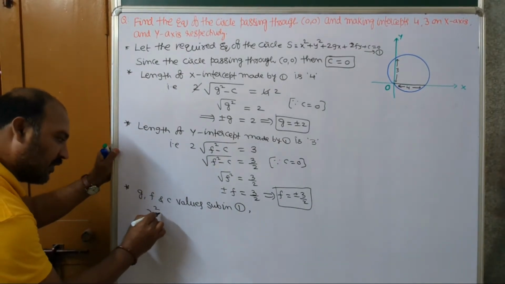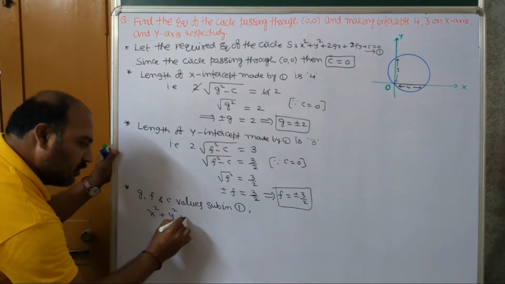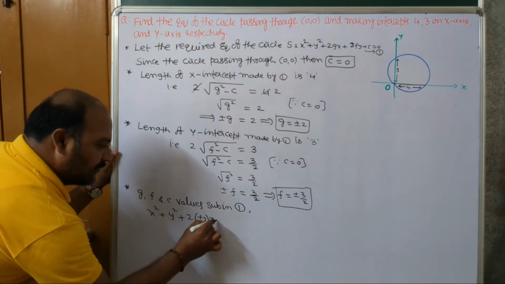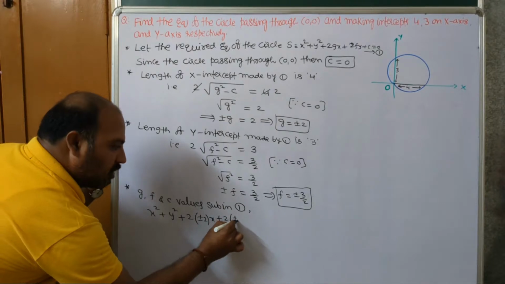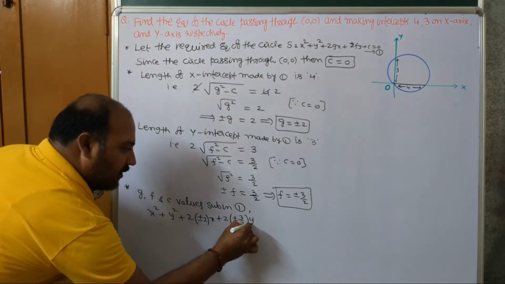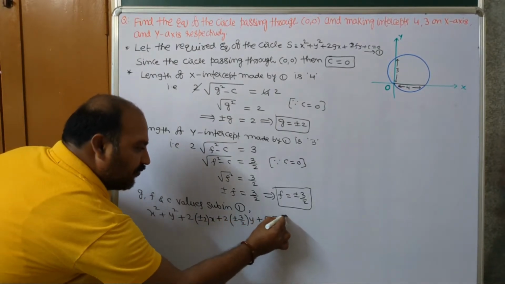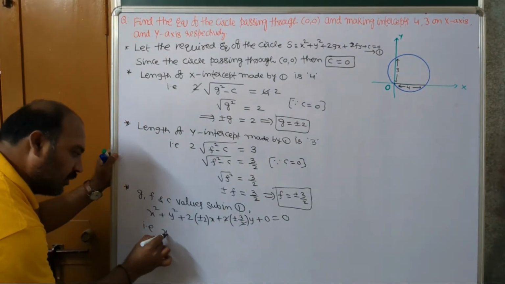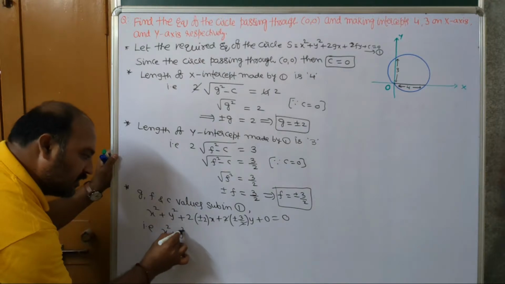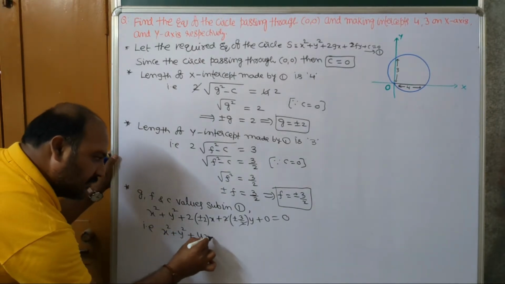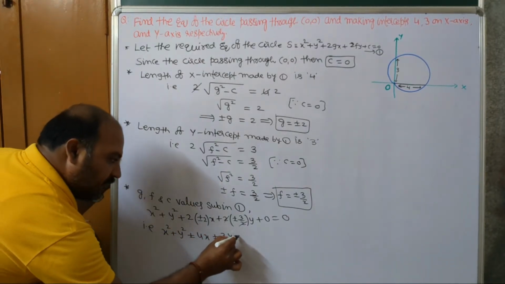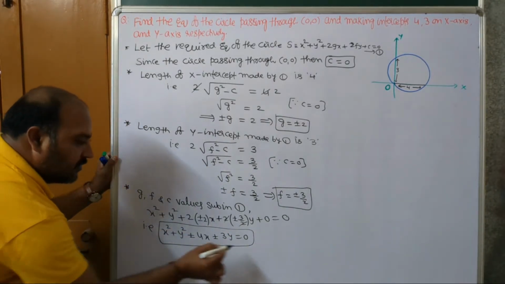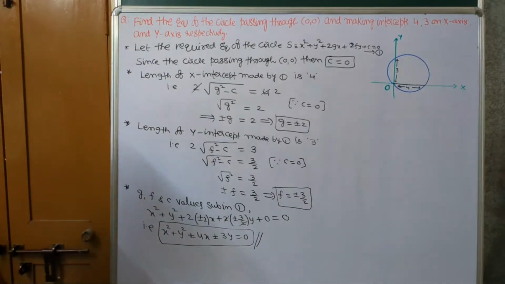So x square plus y square plus 2 into g value plus or minus 2 x, 2 into plus or minus 3 by 2 into y, c value 0. So here 2 gets cancelled. That is the required equation: x square plus y square plus or minus 4x plus or minus 3y is equal to 0. We may expect this question for 4 marks.